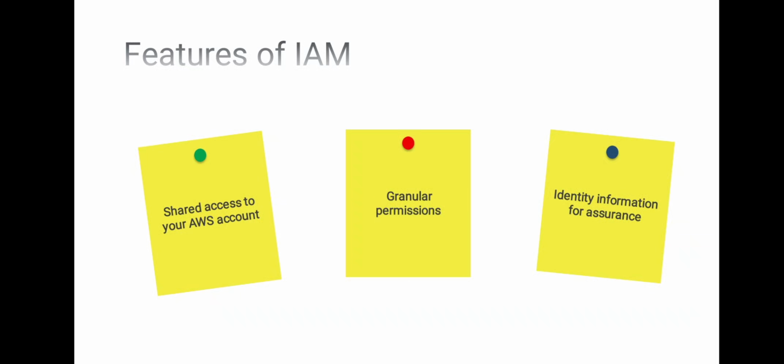And another important feature is secure access to AWS resources. This is used to secure the login credentials on the Amazon EC2 instance. And also we can offer permissions to access your applications with respect to AWS services. This is secured access to AWS resources.